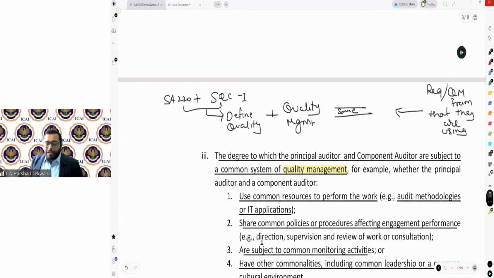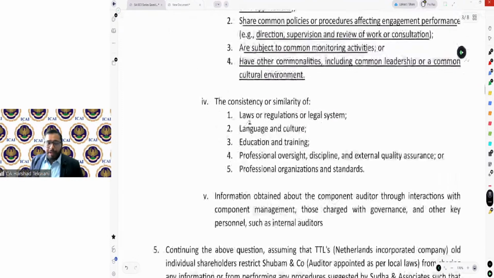Common policies with respect to direction, supervision, review of work, consultation, which is there in SQC 1. So whether they are also subject to common or similar policies, and common or similar monitoring activities. Then you can consider laws and regulations, language.